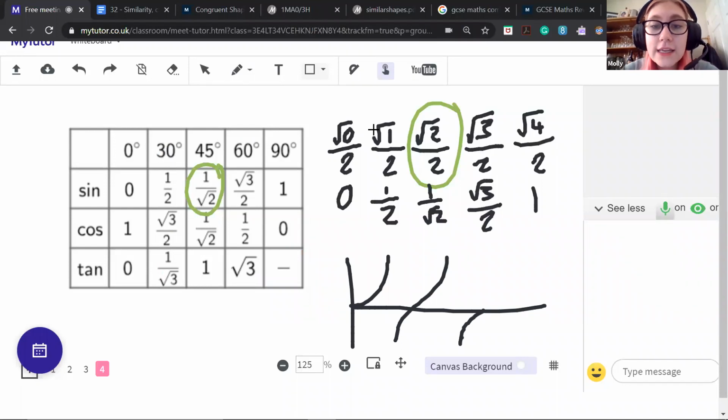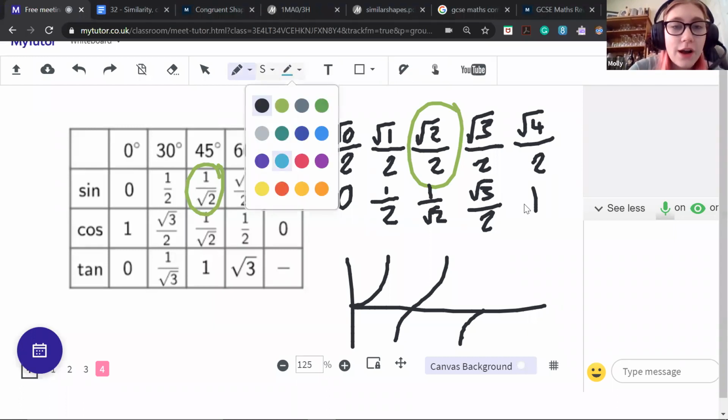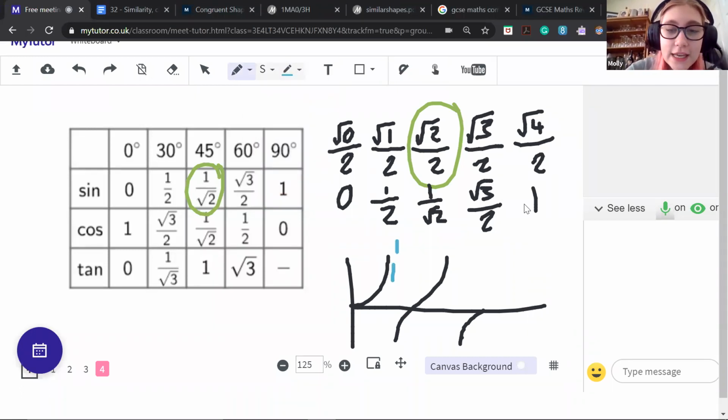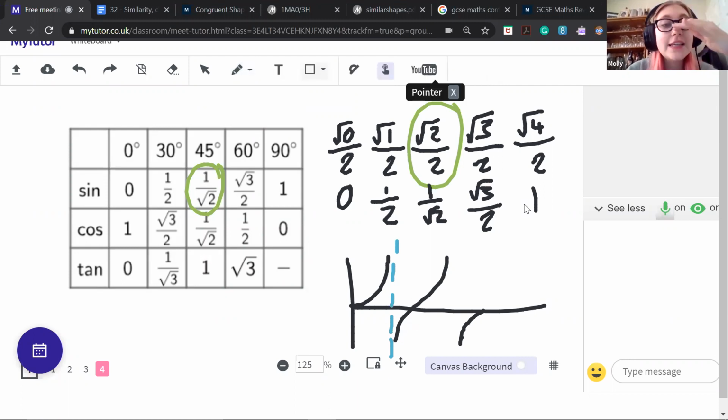Someone said, why is it undefined at 90? That's because if you look at the graph, this is an asymptote here, which means that it tends towards 90 there and there. So if you put in tan of 89.99999, you'll get a huge positive number. And if you put in tan of 90.00001, you'll get a huge negative number.